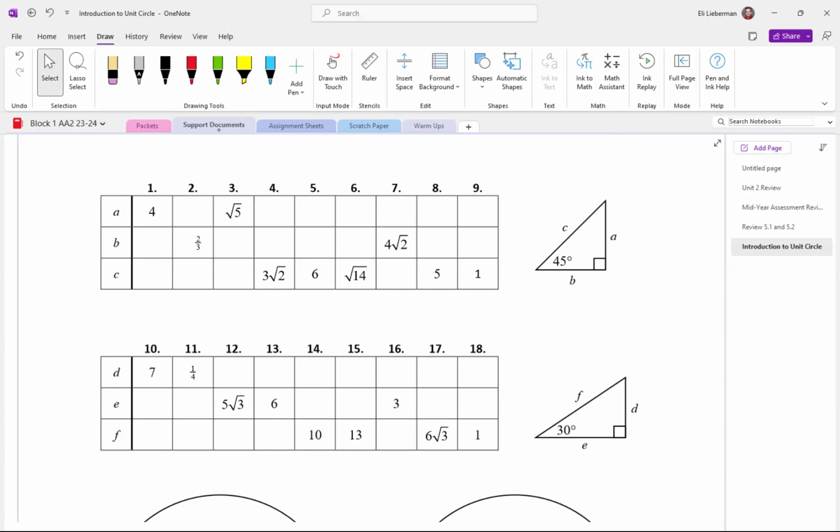Once you finish number 5, check in with your neighbor, make sure it's going okay. Did anyone already finish number 5? It's a couple of you.